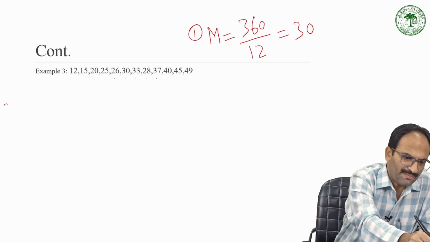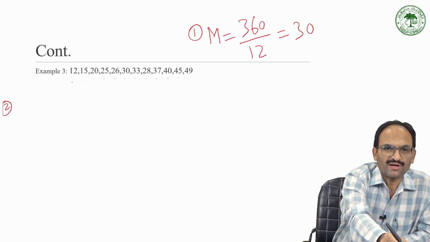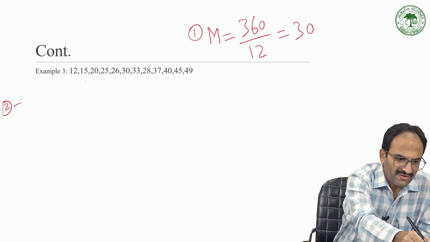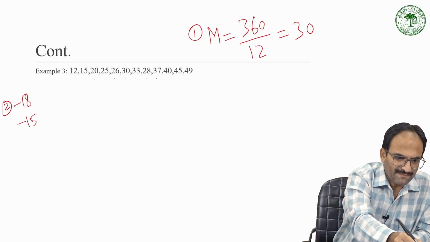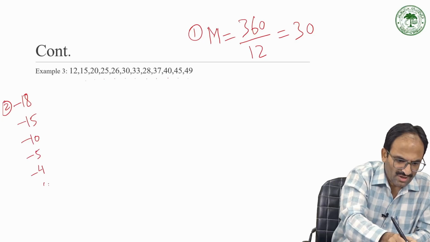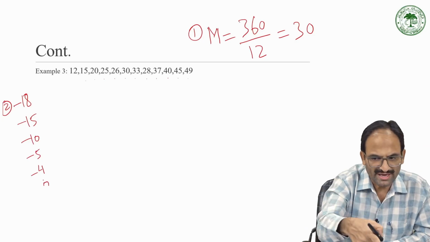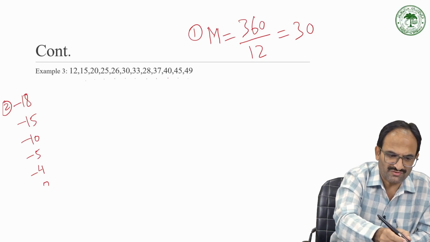In the second step, calculate the deviation. So, first number is 12. You will subtract 30 from 12. You will get minus 18. Then minus 15. Then minus 10. Then minus 5. Then minus 4. And then 0. Why? Because the number is 30 and the mean is also 30, so it will be 0.